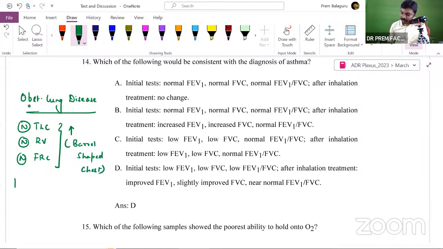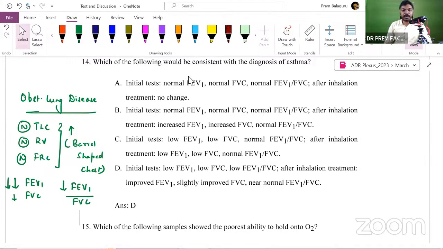On the other side, there is going to be a drop in forced expiratory volume in the first second, a drop in forced vital capacity, and forced expiratory volume significantly drops. As a consequence, there is going to be a drop in the FEV1 by FVC ratio, doctors, isn't it?